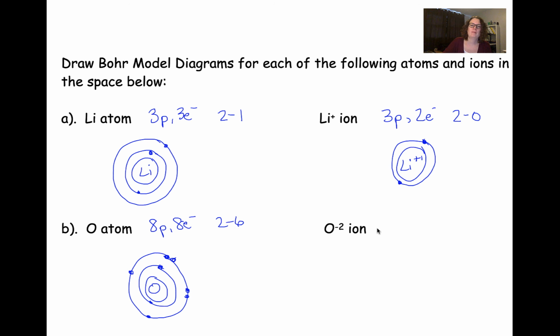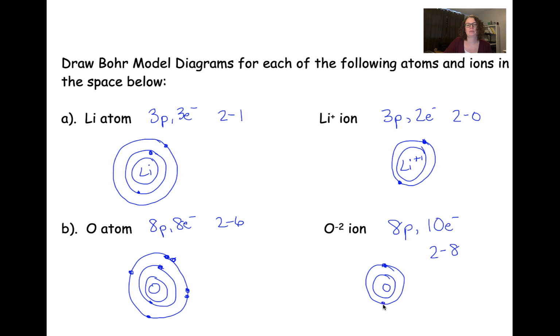If I have an O minus 2 ion, I have 8 protons, and now I'll have an excess of electrons, so 10 electrons. When I look at my electron configuration, I'm going to add electrons into the valence shell. So I'll add those 2 extra electrons out into my valence shell.